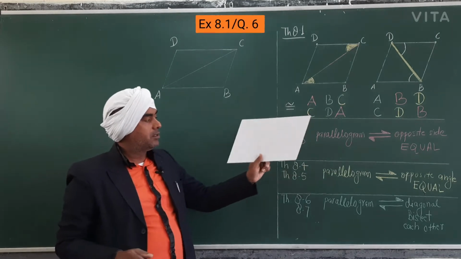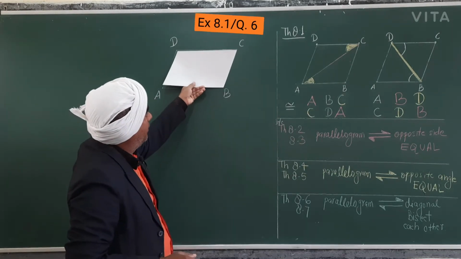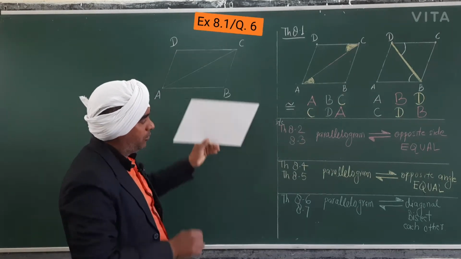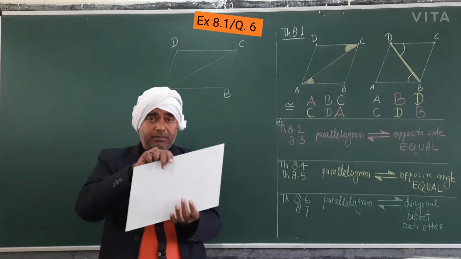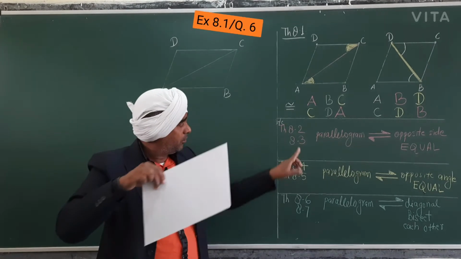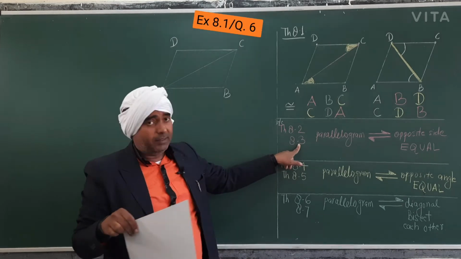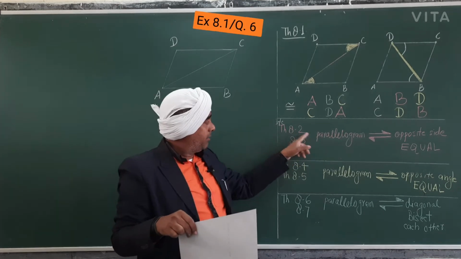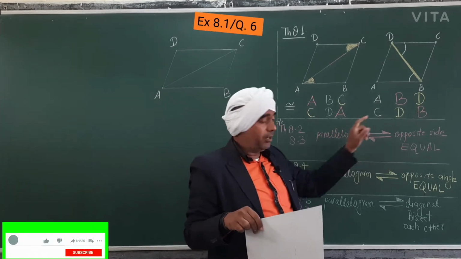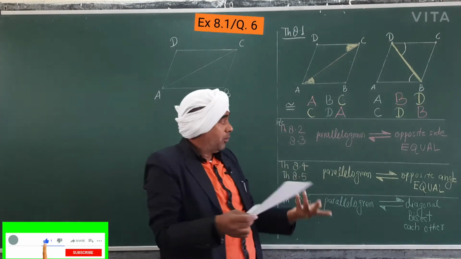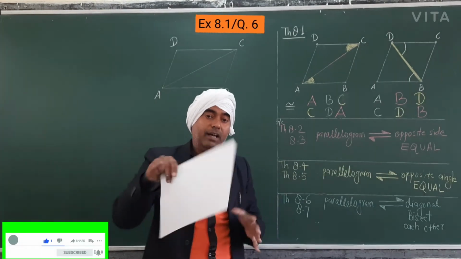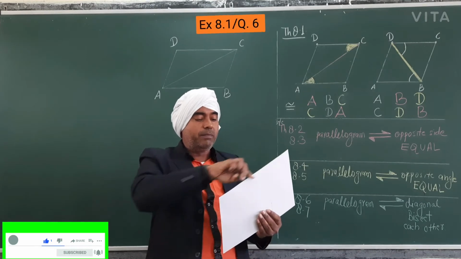Okay, so this is the parallelogram ABCD. To confirm it is a parallelogram, we will measure only length through this 8.3. It is said in a parallelogram, opposite sides are equal. And if you don't know whether it is a parallelogram or not, if you have to confirm, then you will measure the length.